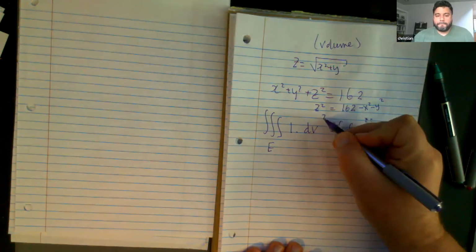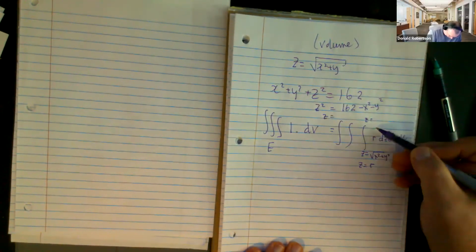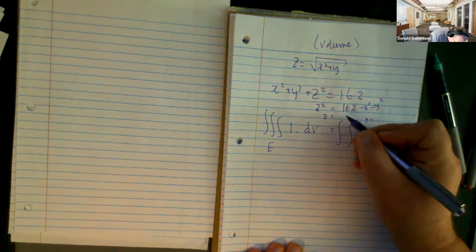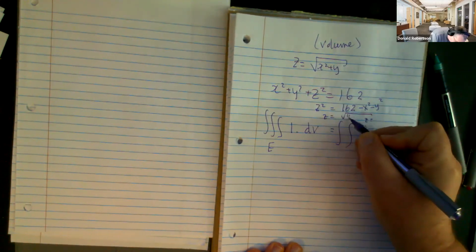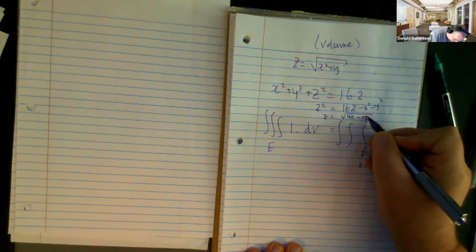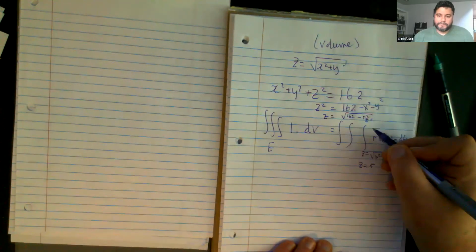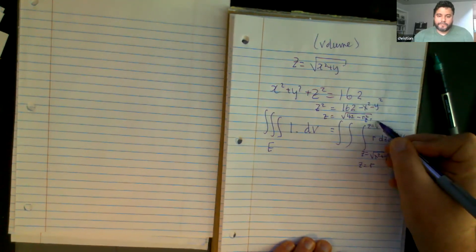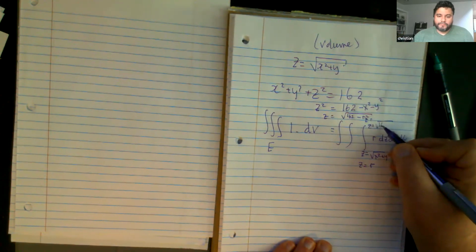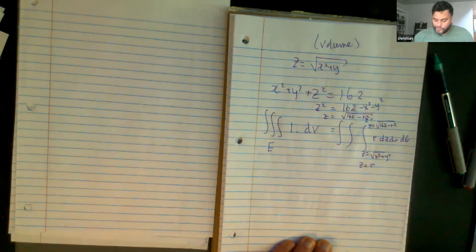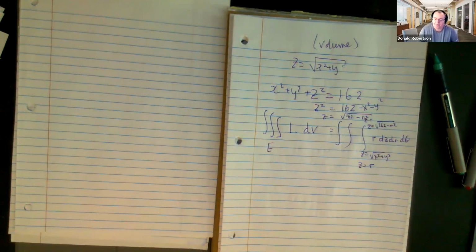If I assume that he's positive, because he's bigger than this one, and this one is positive, then I only need to do that one.